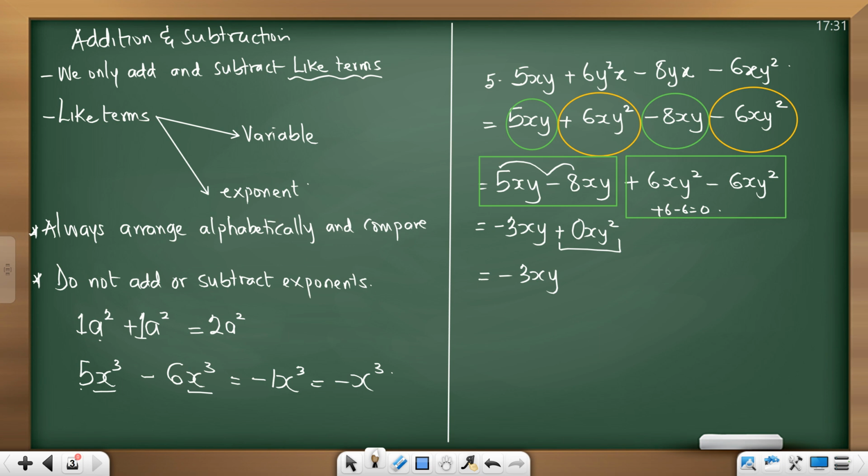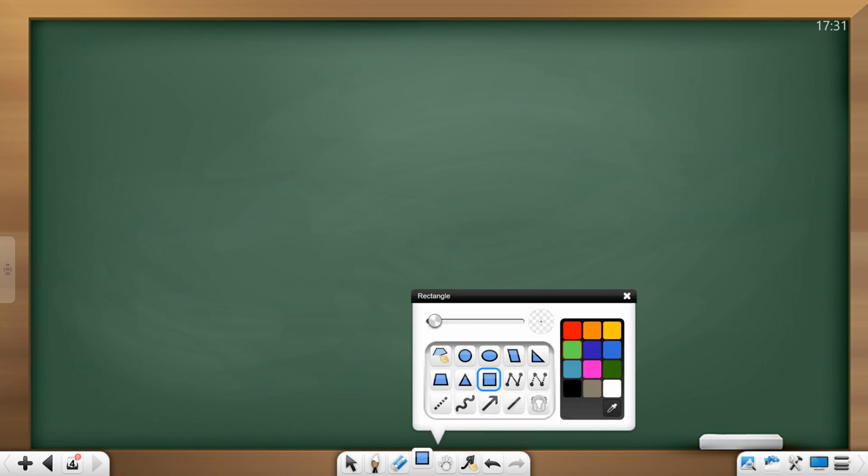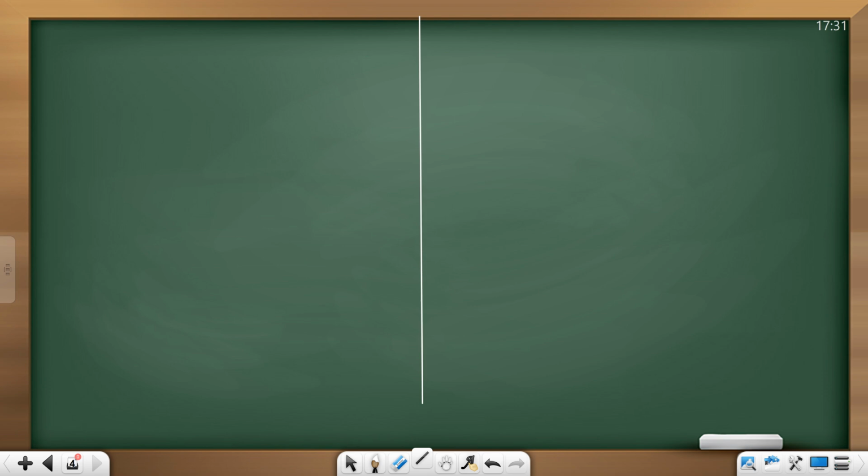Okay. Now let's look at number 6 from the activity that we have. Number 6. 4x to the power 2, all squared, minus 4x squared plus 3x to the power 4 plus 2x to the power 2.